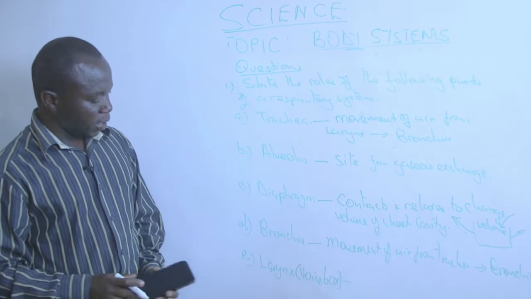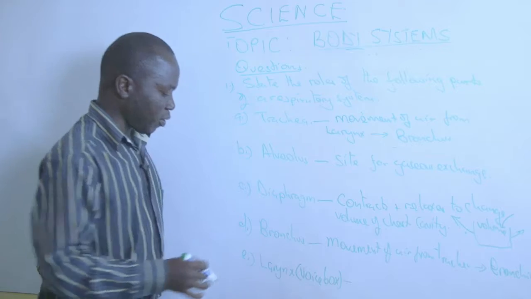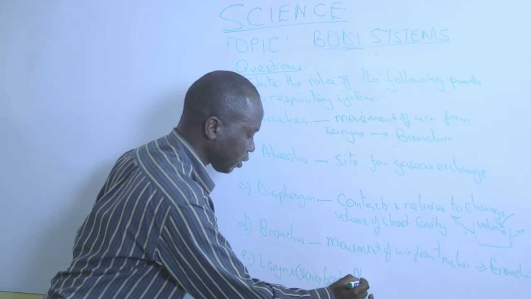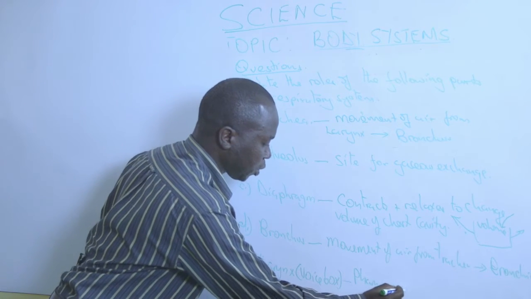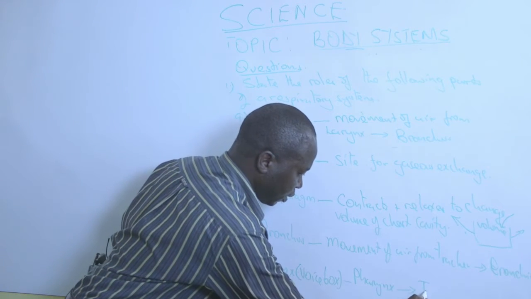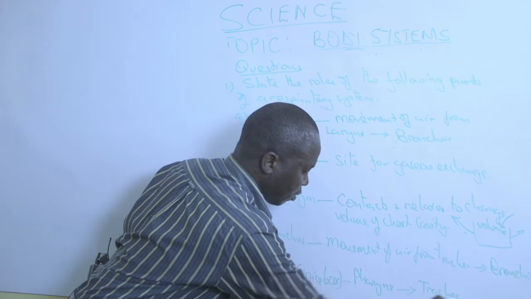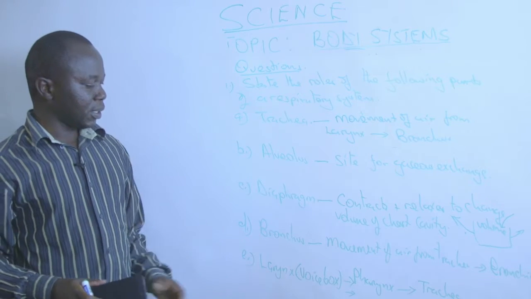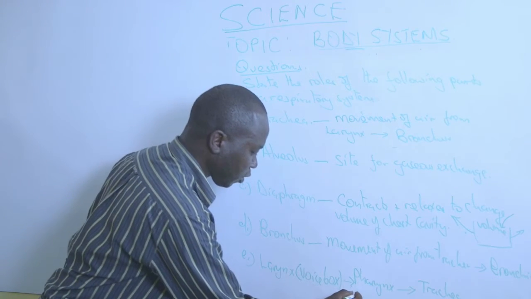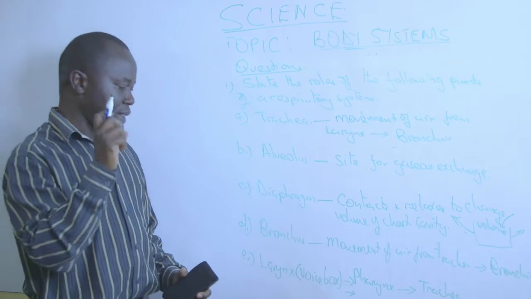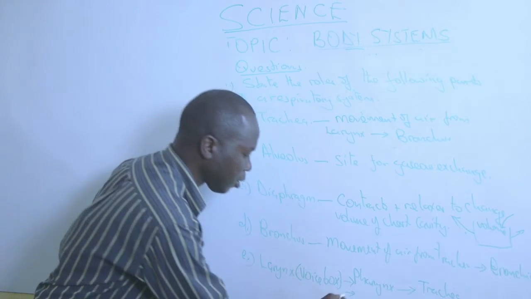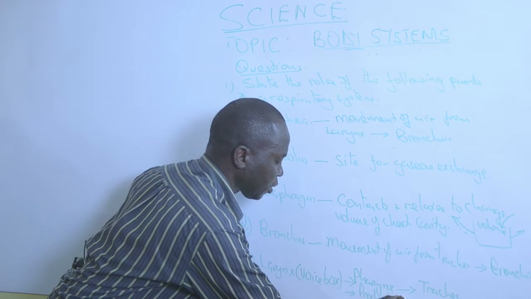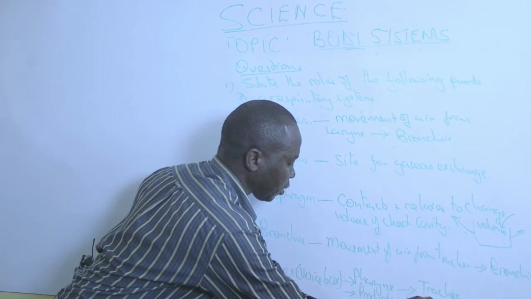The major role of larynx is to allow air to move from the pharynx to the trachea. Although we gave another role, we said that the larynx has vocal cords. Those vocal cords, in a stream of air, vibrate, the edges vibrate, producing sounds.